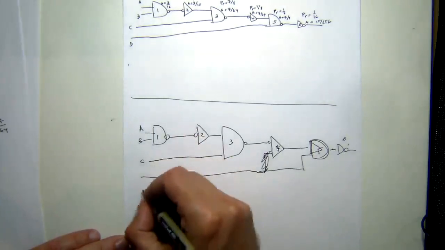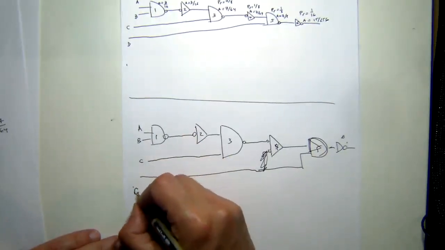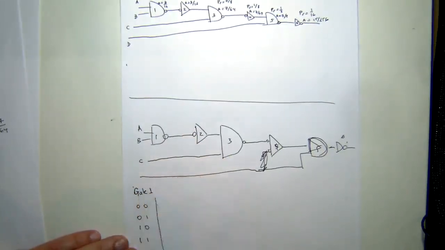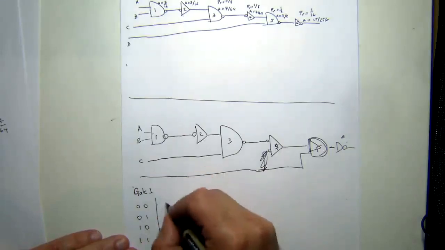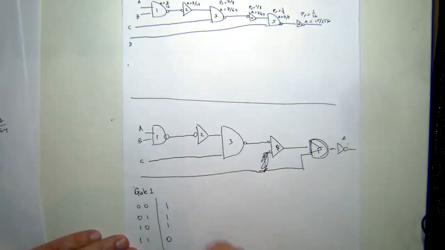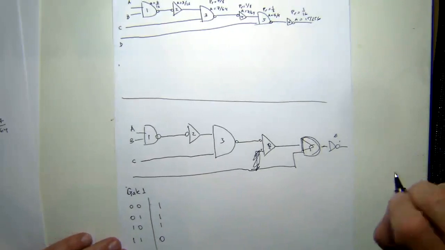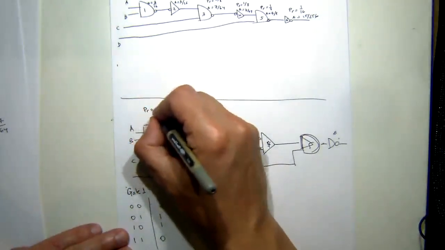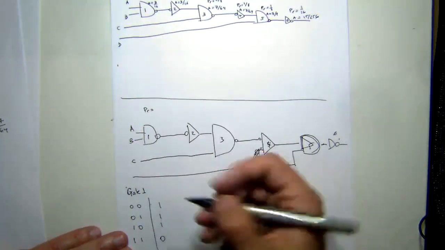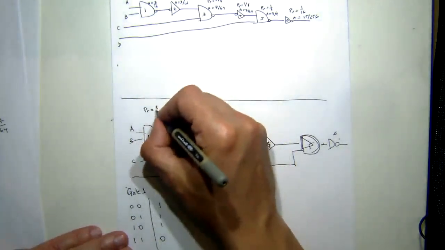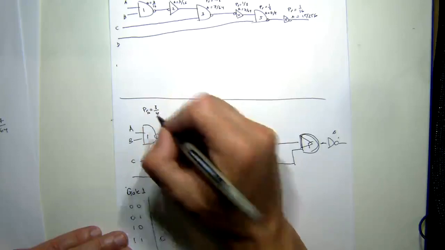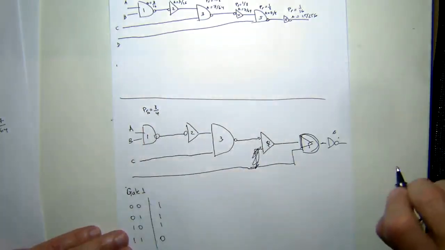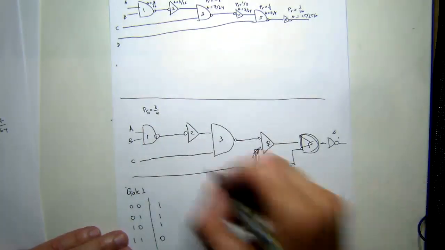We'll say gate 1, and the outcome here is 1, 1, 1, 0. So the probability is 3 on 4, because that's the number of 1 outcomes. And the activity factor is 3 on 16.